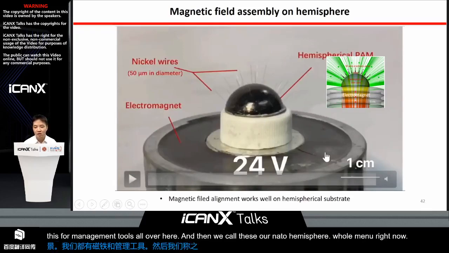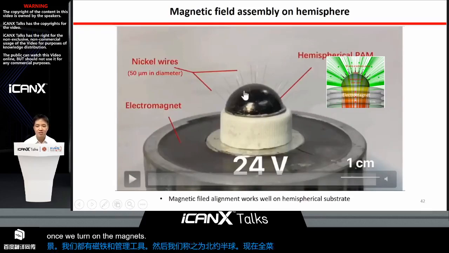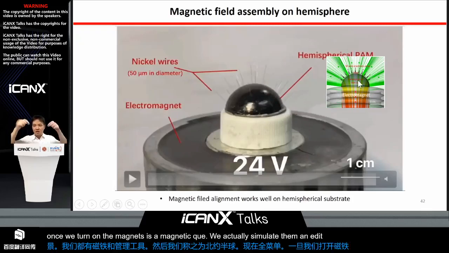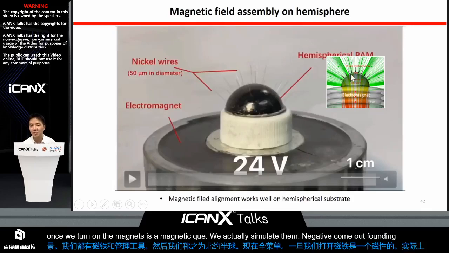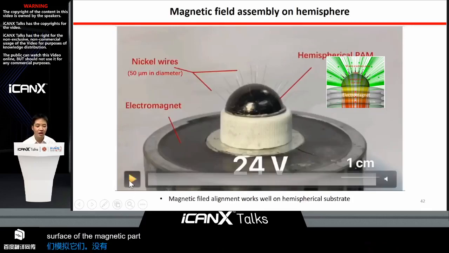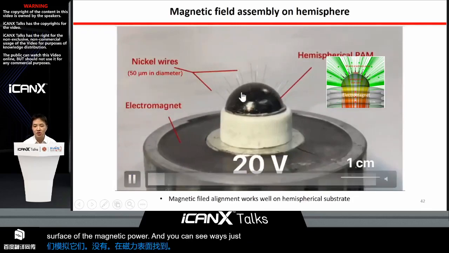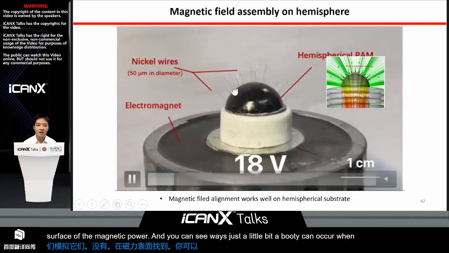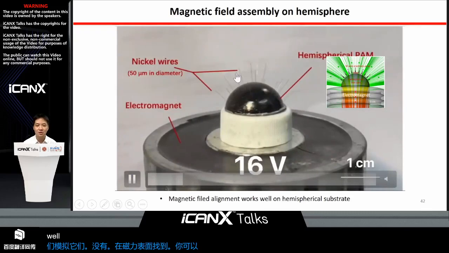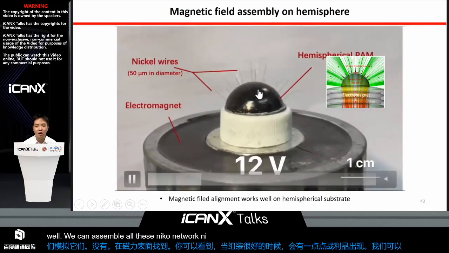Once we turn on the magnet, we actually simulate the magnetic field. They come out from the surface of the magnetic bar. You can see that with just a little bit of voltage and current, we can assemble very well. We can assemble all these nickel nanowires, nickel microwires, very well on the surface of this hemispherical surface.